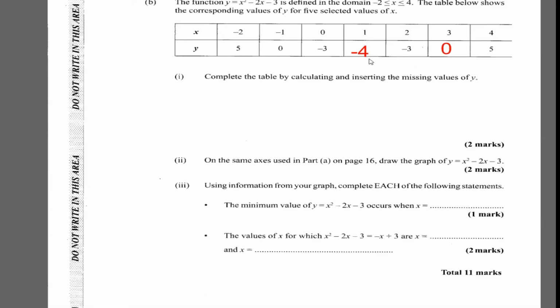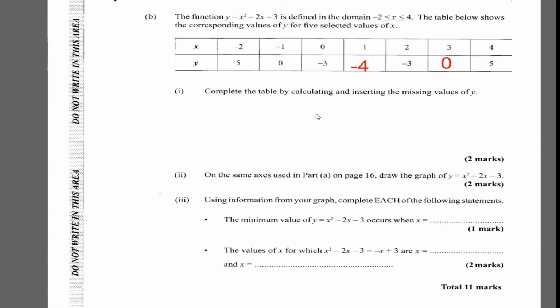All right, so the graph has been omitted. And so what we're required to do is draw this graph, being x squared minus 2x minus 3, and let's go ahead and plot that graph.